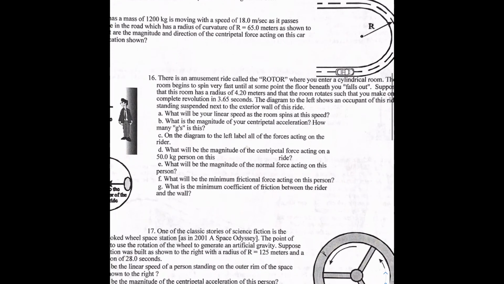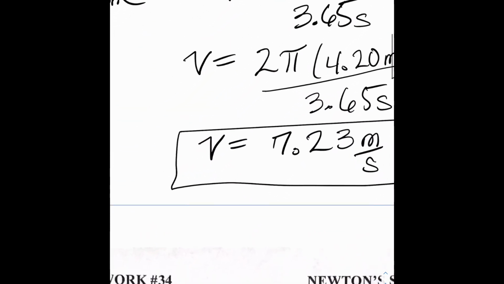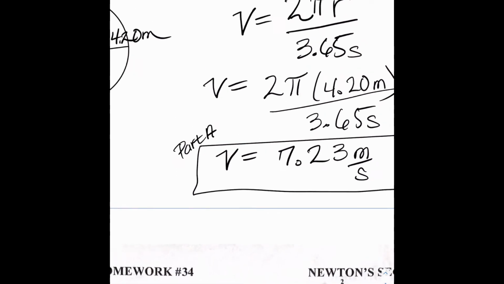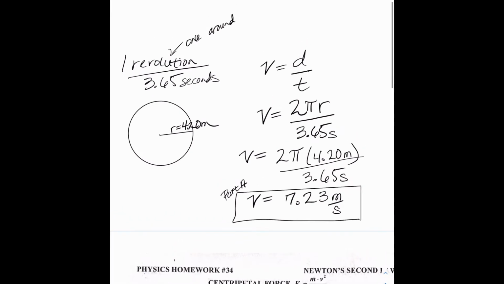All right, so the next question says, what is the magnitude of your centripetal acceleration, and how many G's is this? All right, so this is part B. So we just answered A. All right, so for part B, we want to know centripetal acceleration.